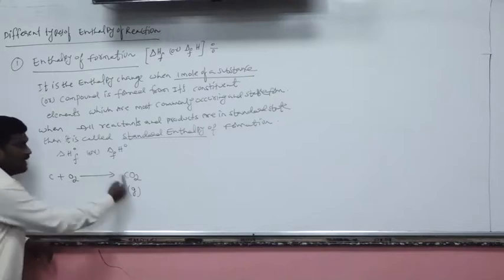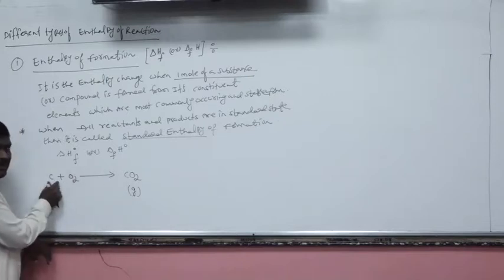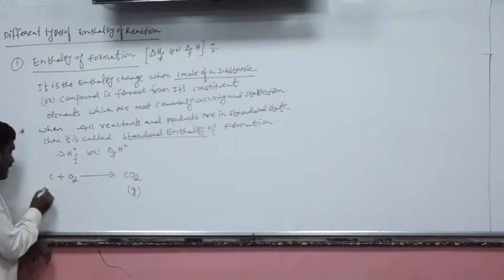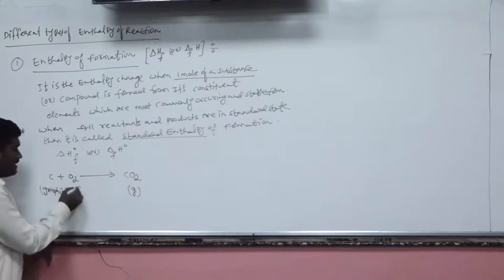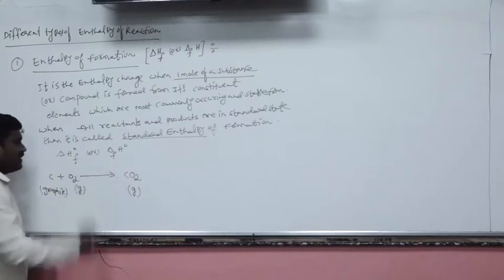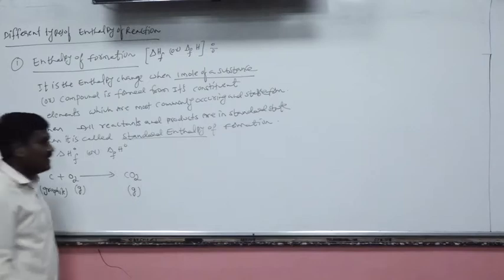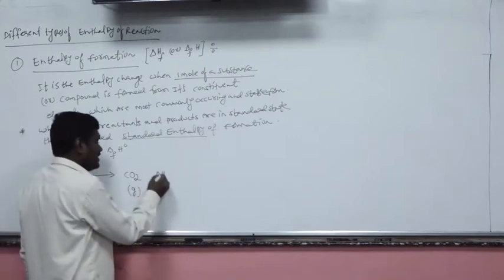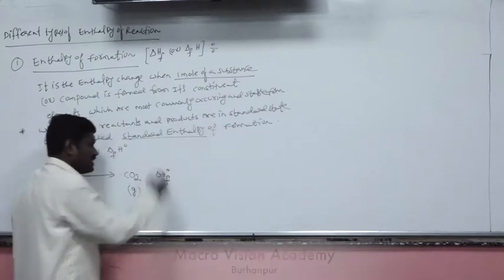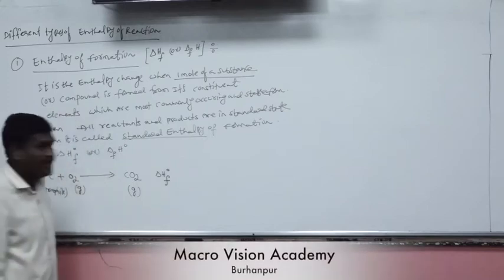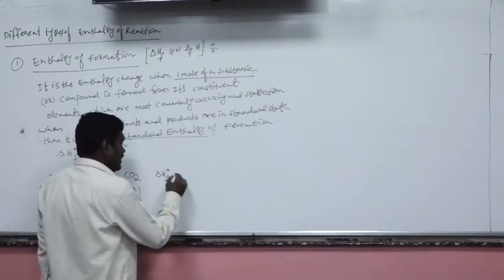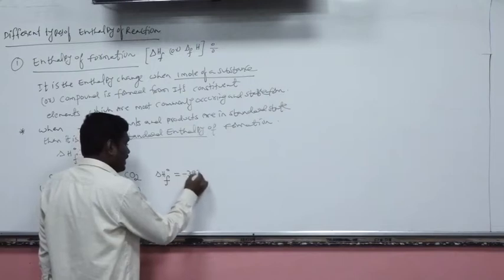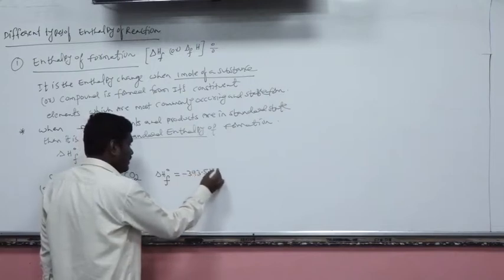It is already a balanced equation. Now the carbon, here I am writing graphite, the standard state of carbon. Standard state of oxygen is gaseous, and carbon dioxide is also gaseous. Now this is represented as the standard enthalpy of formation, which is minus 393.5 kilojoule per mole.